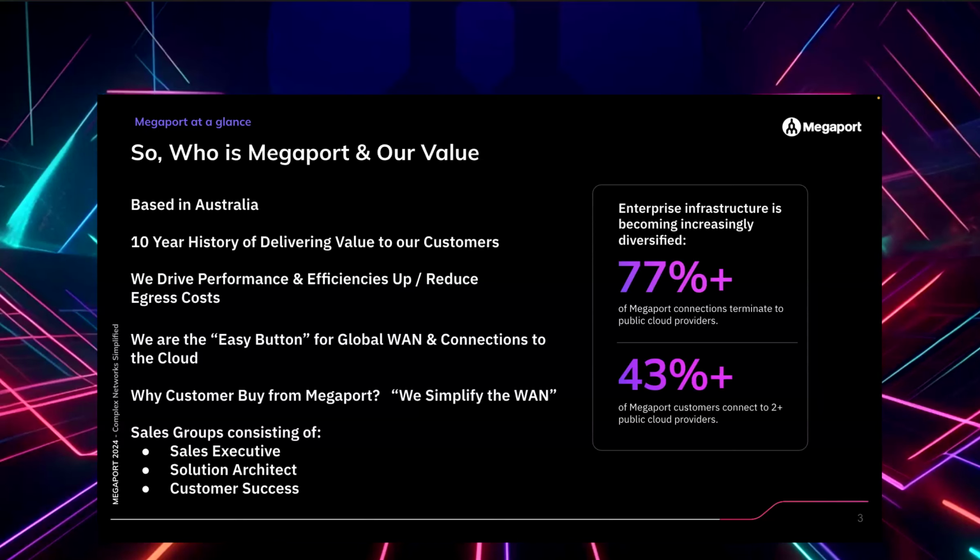And 43% of our customers connect to more than one provider, and we even have a specific product called Megaport Cloud Router to address that, which I'll touch on in a little bit. We focus our account teams in sales groups consisting of a sales executive, a solutions architect, which is what I do, and a customer success manager, and we call that a pod.